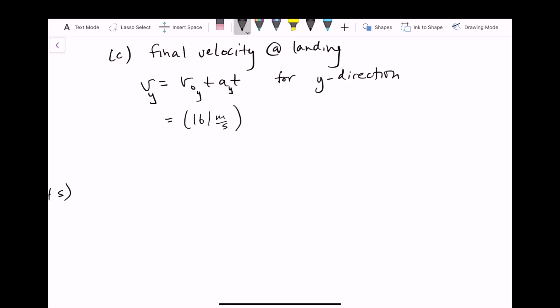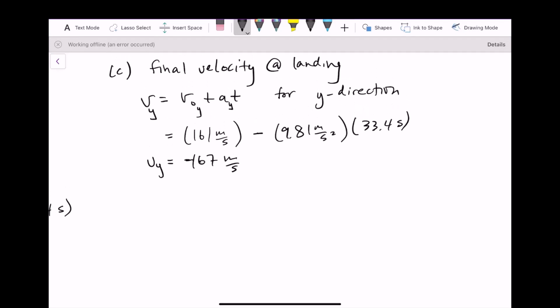It's going up, so that's okay, minus the 9.81 meters per second squared times our time, which is 33.4 seconds. So v y is equal to negative 167 meters per second.